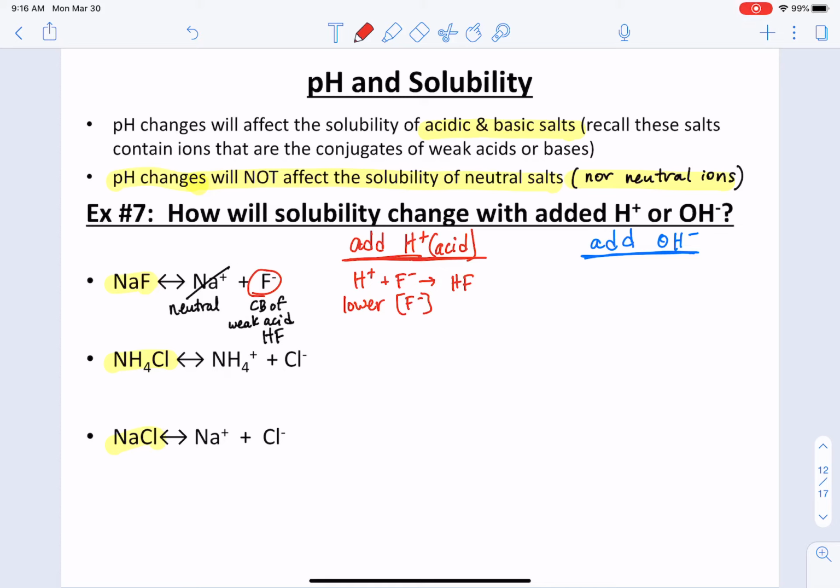And if that is the case, if we lower fluoride concentration, which way is it going to shift? If you said that it was going to shift to the right, you are correct. Okay, it shifts to the right because the concentration of fluoride is decreased. So adding an acid to a basic salt, that's really what we have here, is going to cause equilibrium to shift to the right.